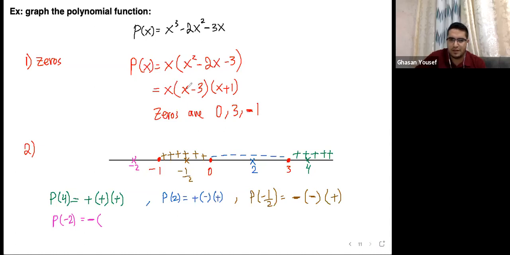So minus times minus gives positive. And minus 2 plus 1 is minus 1, so the sign is minus. Positive times negative is negative, so the sign here should be negative. Any question for this?